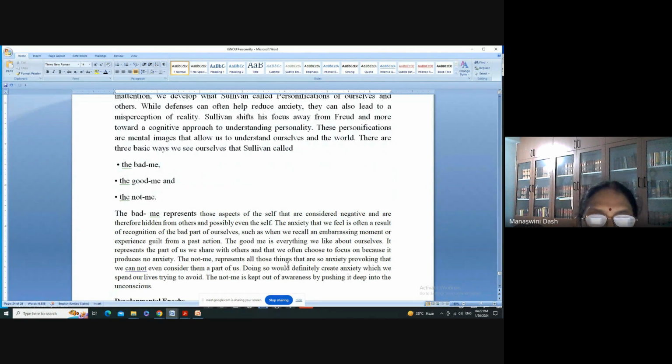It represents the part of us we share with others and that we often choose to focus on because it produces no anxiety. All of us attempt to show the positive aspects of our nature because we don't feel anxiety about these experiences. That is the good me within us.